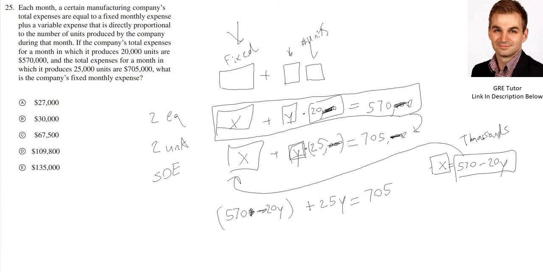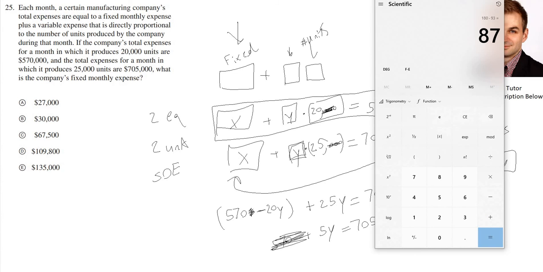Alright, so negative 20y plus 25y is equal to 5y. That's good. And then we've got a plus 570 here. So now we need to get rid of the 570. So we have 705, and we're going to get rid of the 570 on this side by subtracting it over here. Okay, so 705 minus 570, I'm just going to jump on my calculator because I don't want to use up too much room here. 705 minus 570 is going to equal 135.